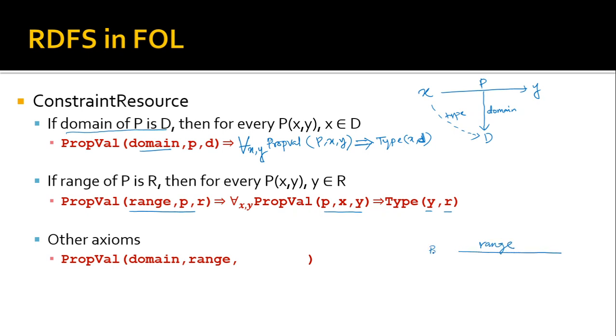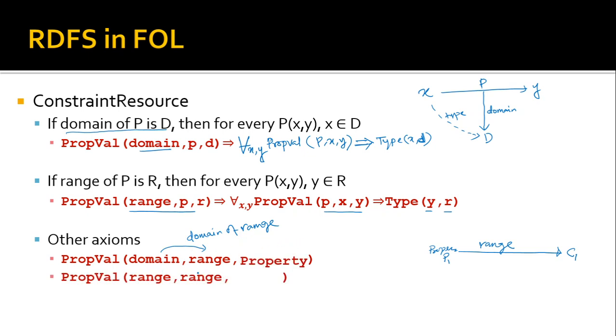A property, say P1, has a range, say C1, a class. So the domain of range is a property. What would be the range of range? The range of range is a class.